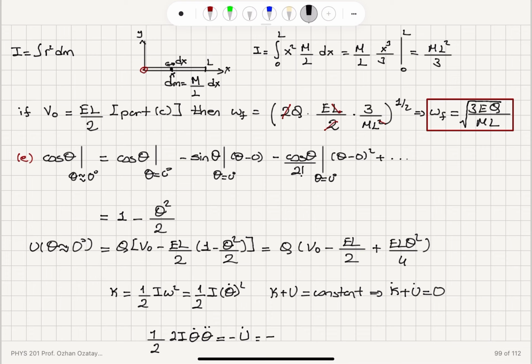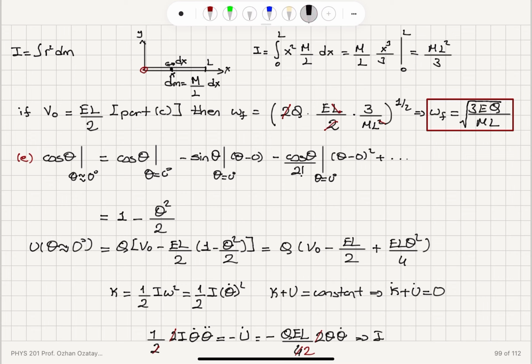The time derivative will not affect the constant terms. It will affect the term that contains theta, so I obtain minus QEL over 4 times 2 theta dot, since the time derivative of theta squared is 2 theta dot. This gets rid of the 4 and makes it 2, and the 2's on the other side also disappear.